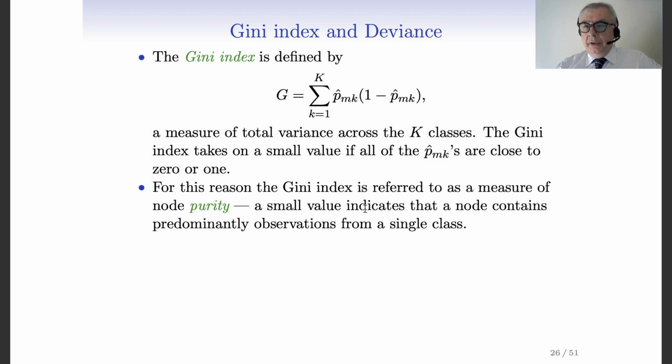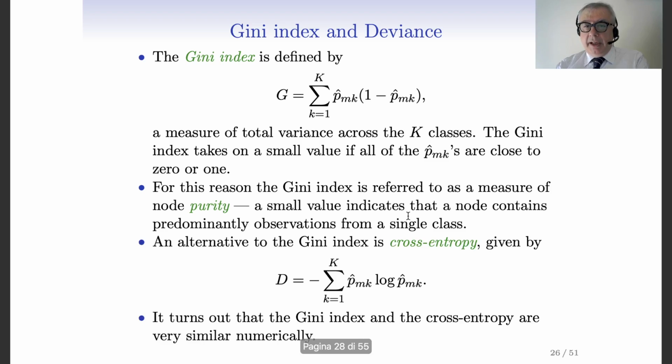So a small value indicates that there is a dominant class within the region, the class whose p hat mk is close to 1 or equal to 1, while all the other classes have values of p hat mk that are close to 0. In this case, you can well say that you have a kind of pure region, because in that region there is a single class that dominates over the others.